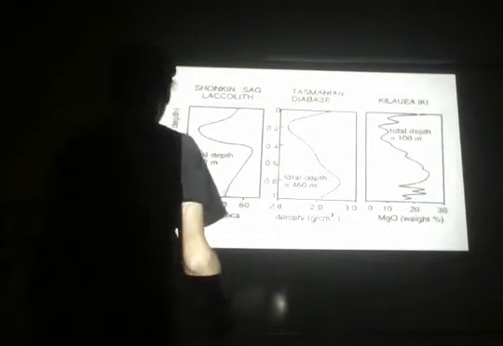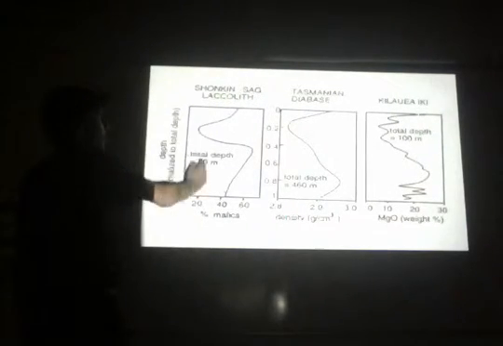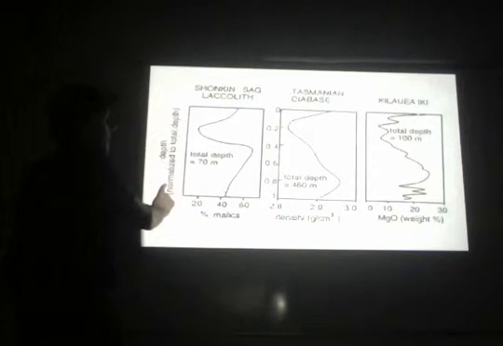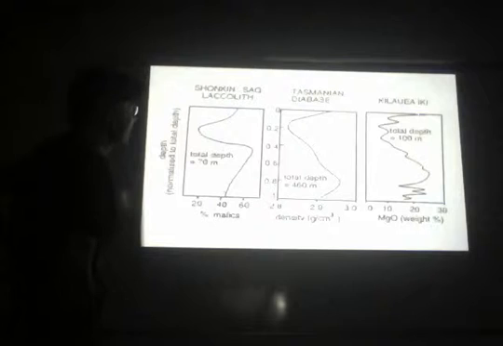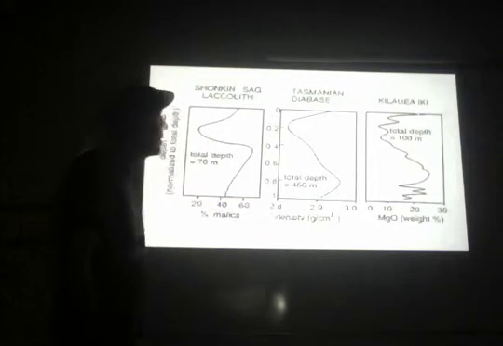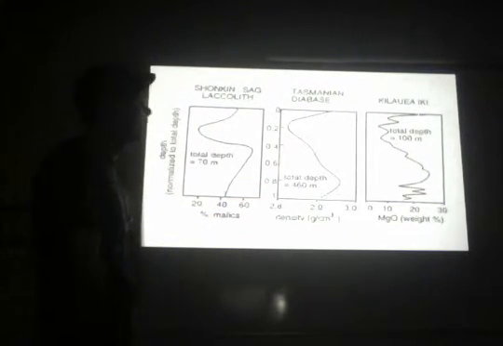Now here are some diagrams showing how the chemistry changes with depth. Here we have the depth, they made drill cores. The total depth here is 100 meters, here we have 460 meters, here we have 70 meters.